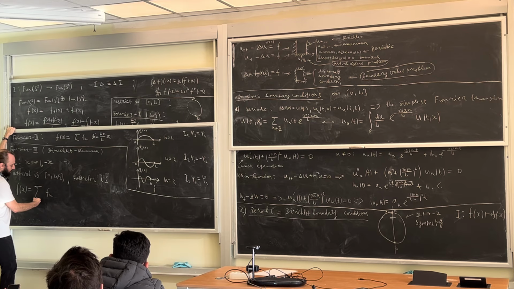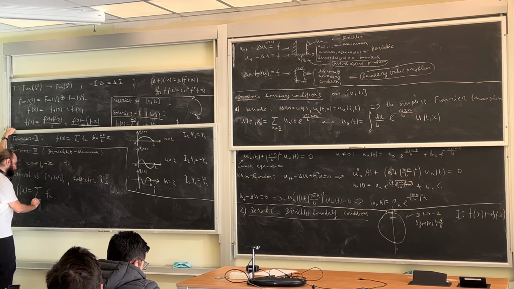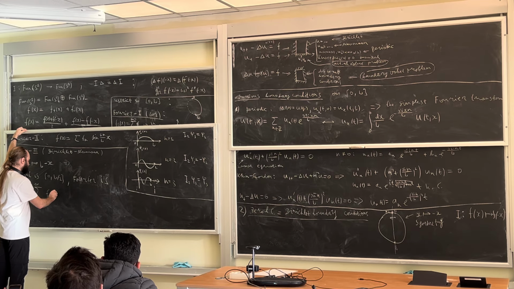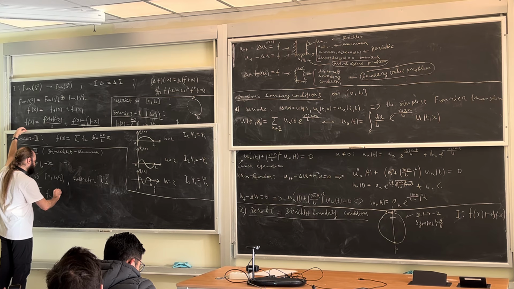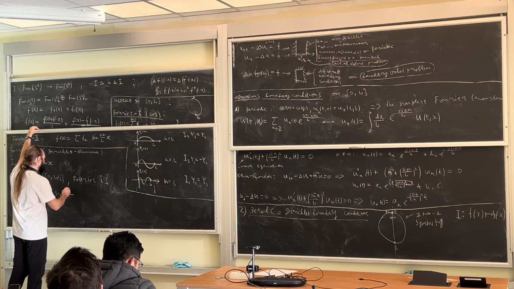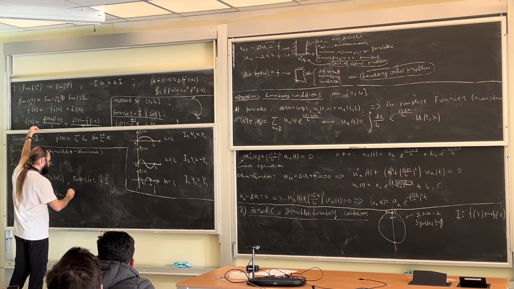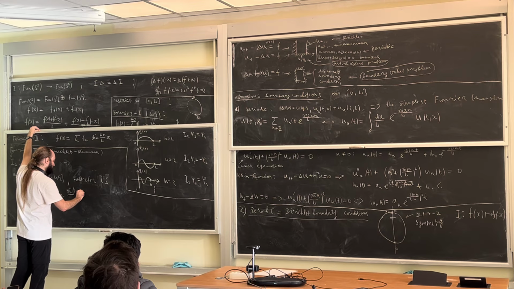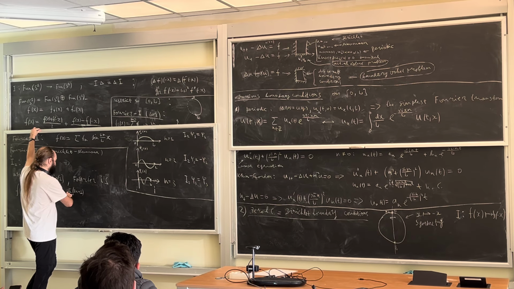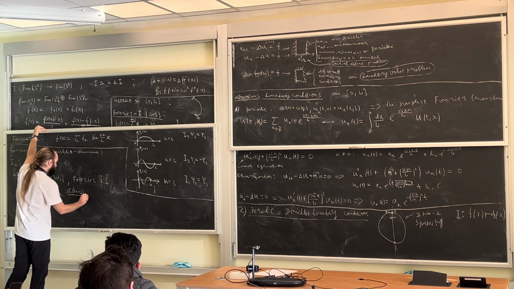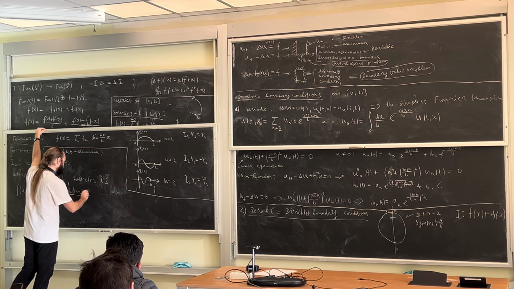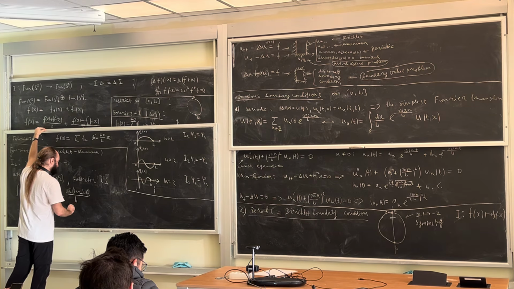So now the sum goes from n equals 0 to infinity, but the functions themselves will be sine of pi, 2n plus 1, x over L. Sorry, it was pi originally.